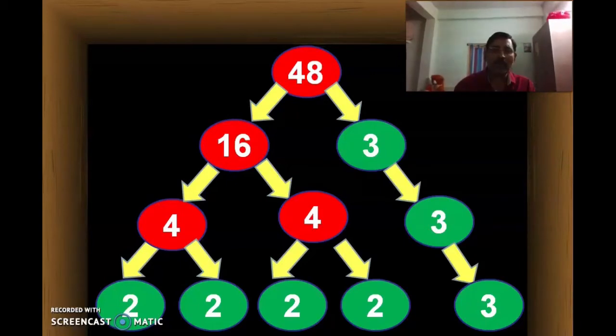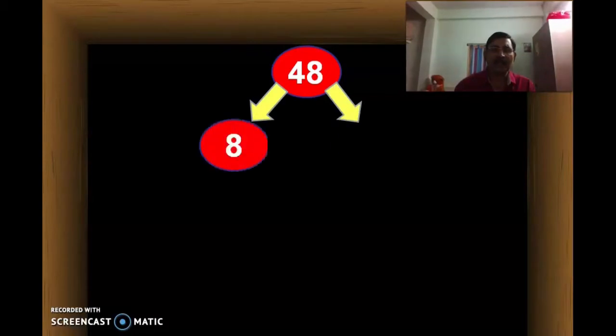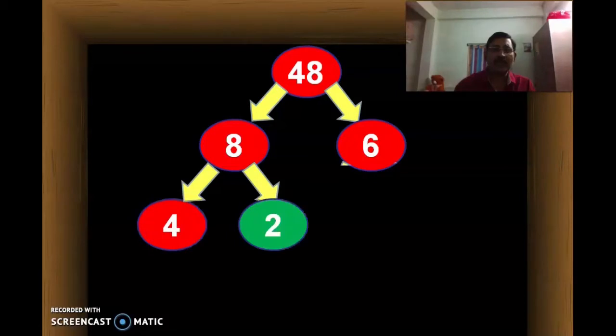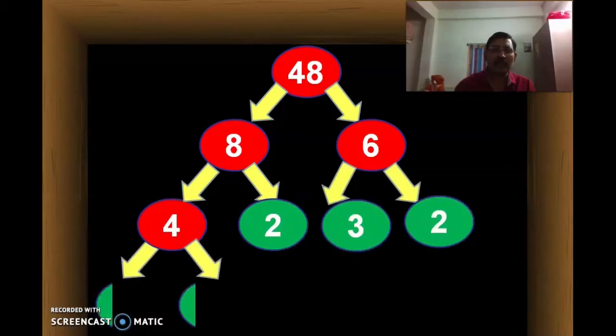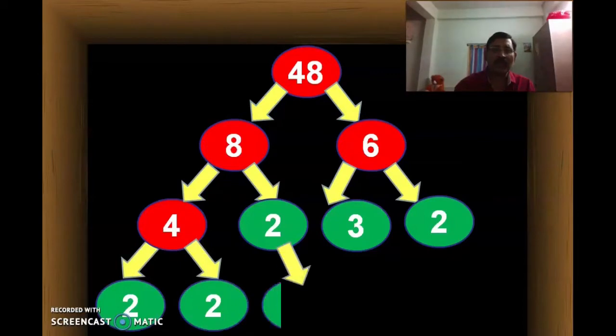So the same 48 can be split in one more way. Just observe this. 48 can also be written as 8 into 6. Now 8 can further be written as 4 into 2 and 6 can be written as 3 into 2, and again 4 can be written as 2 into 2.